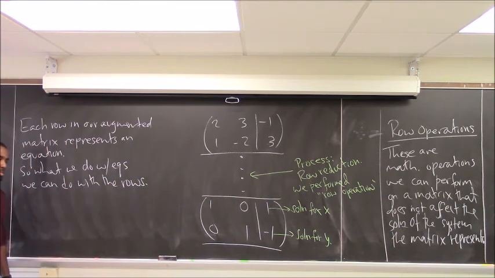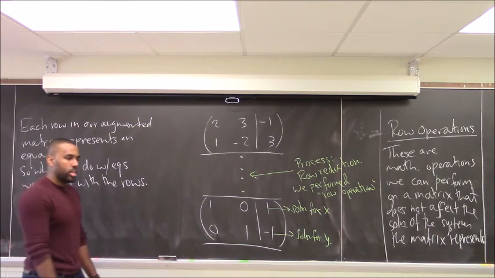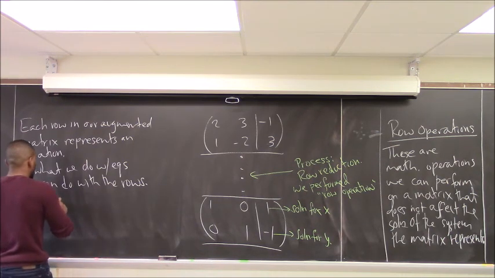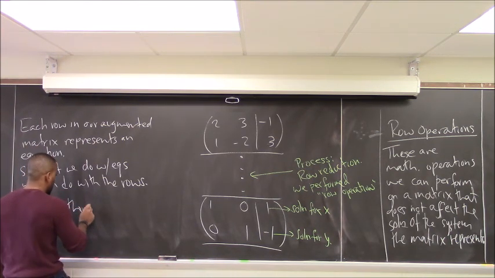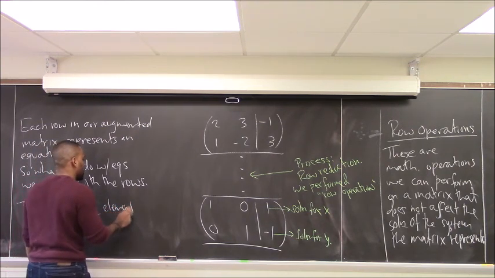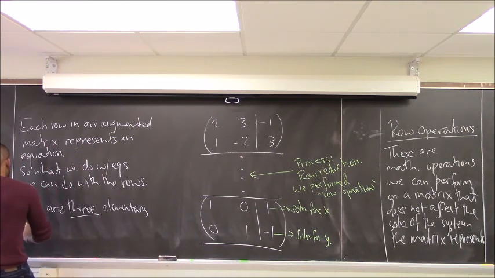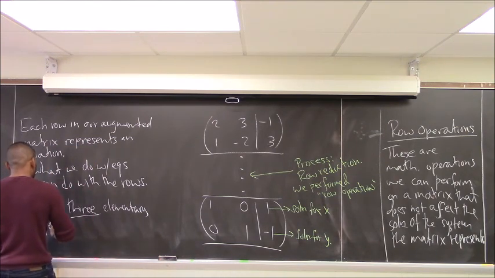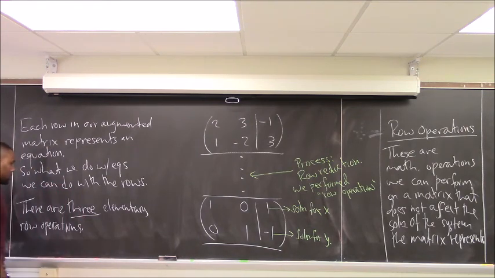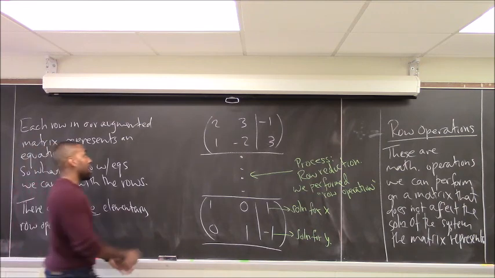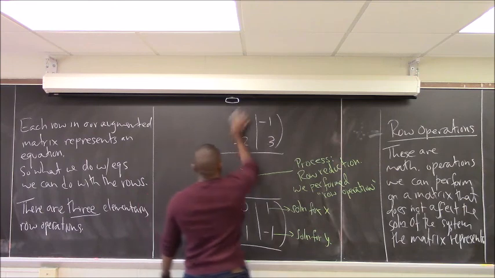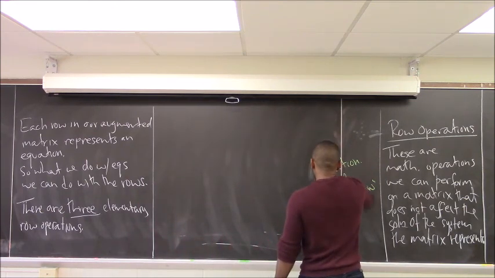And when it comes down to it, it turns out that there are only 3 legal moves that you can actually do. There are 3 elementary row operations. Now we're going to be doing row operations a lot in this section of the class. So you should know the kinds of things that you can do when you're trying to manipulate a matrix and know how to do them efficiently, which we'll talk about pretty soon.